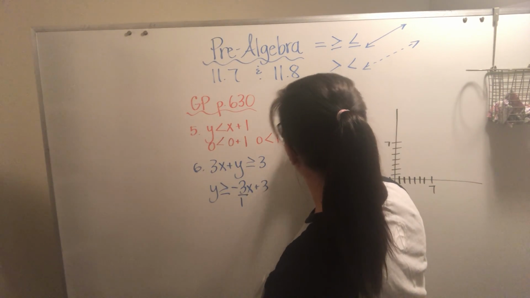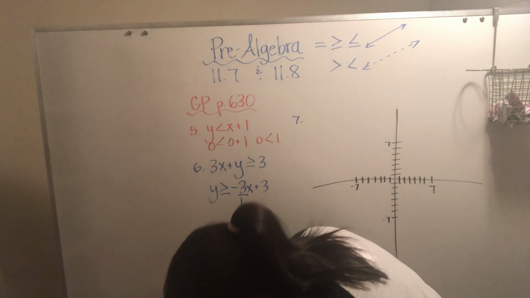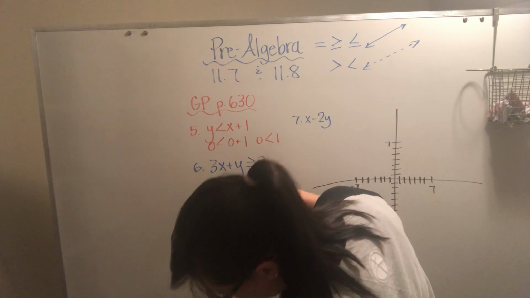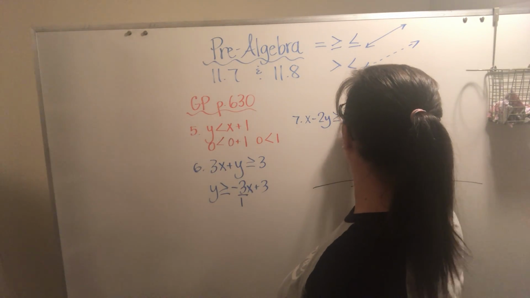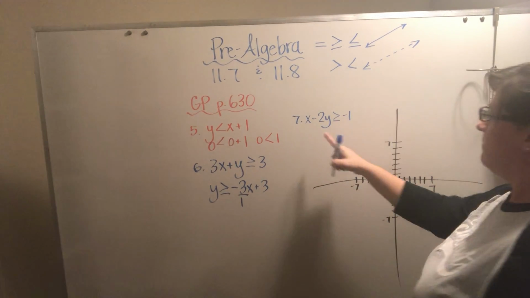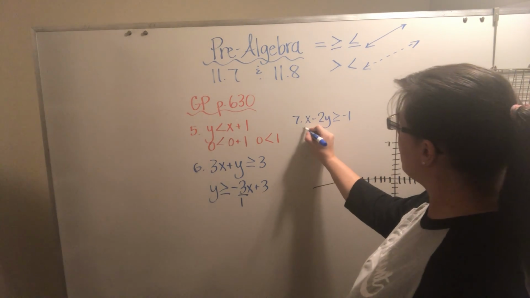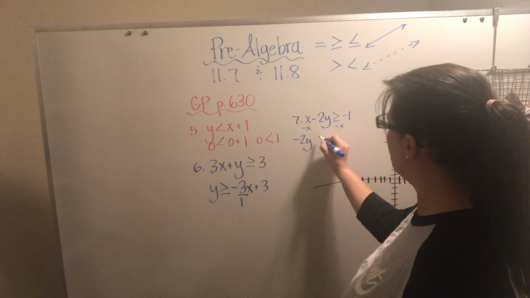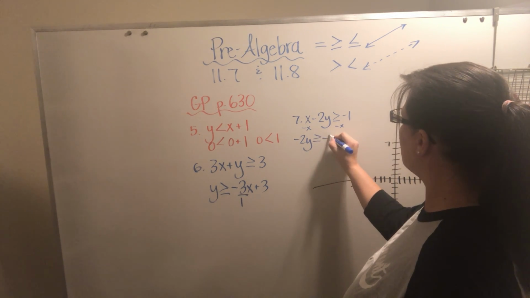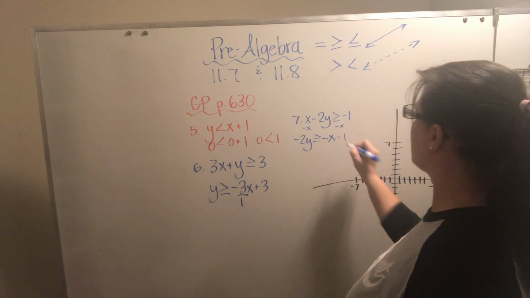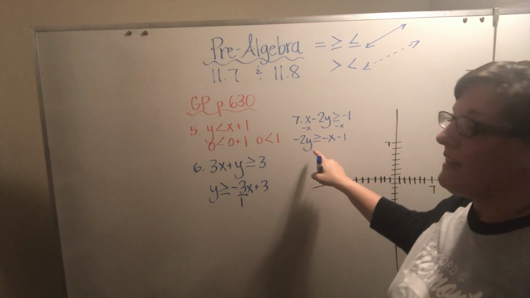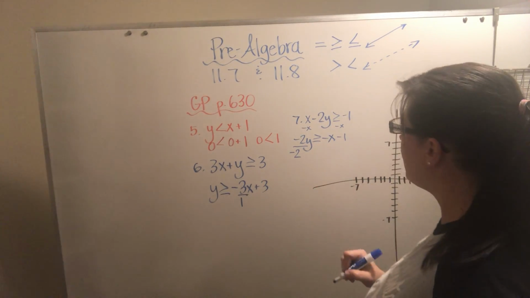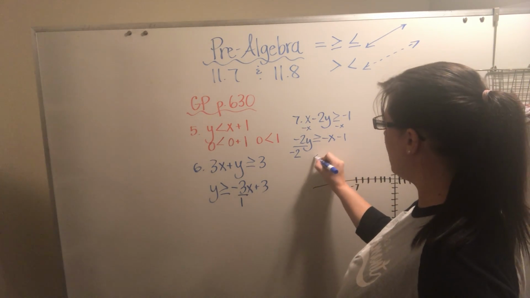So 7, x minus 2y is greater than or equal to negative 1. Negative 2y. This is a great one to do because I have to move my x. So I get negative 2y is greater than or equal to, and I just subtracted my x. Notice I need y by itself, and hopefully you remember when I divide by a negative, I flip my sign.